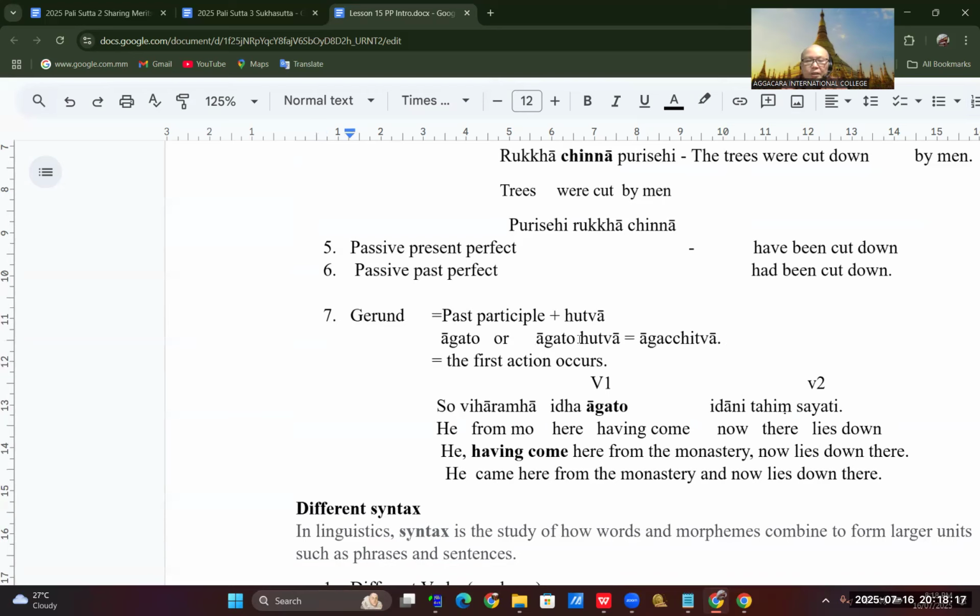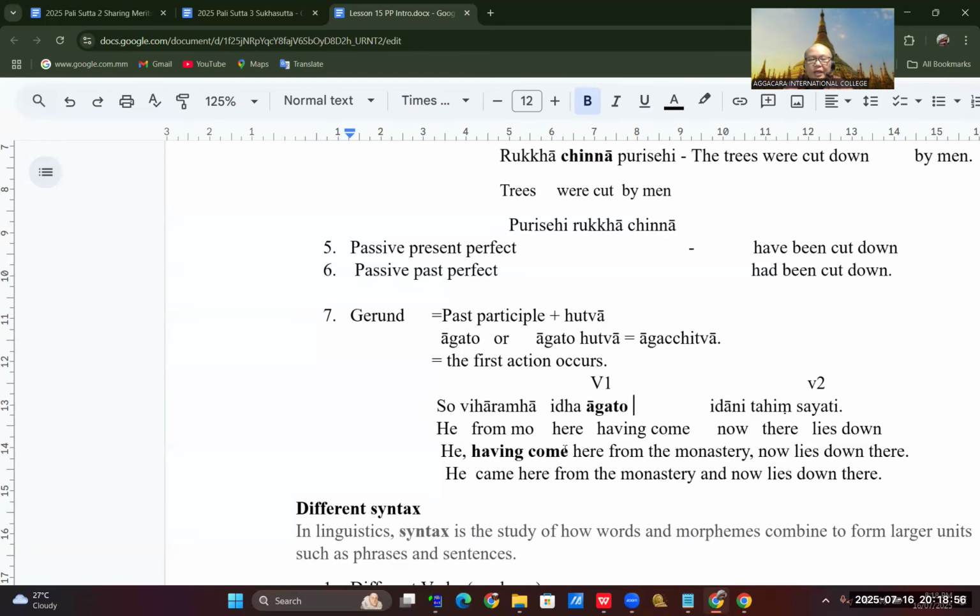For example, you look at this example: he has come from the monastery, and now he lies down. Since agato, verb 1, exists first, and sayati, verb 2, exists later, this past participle you can translate like a gerund.